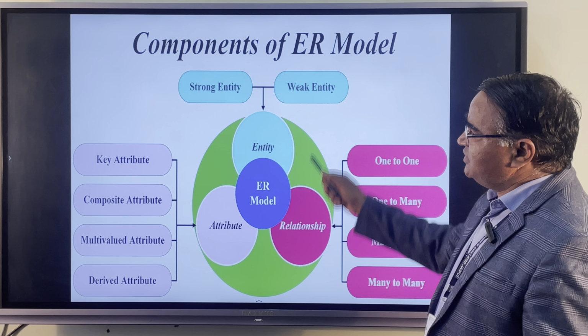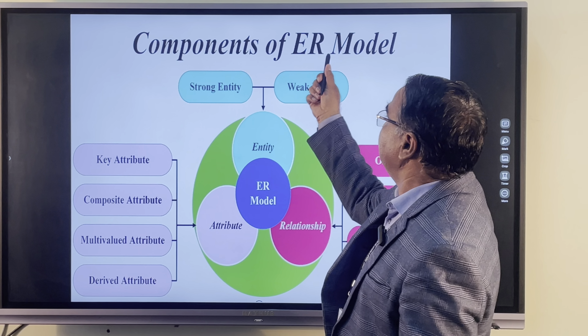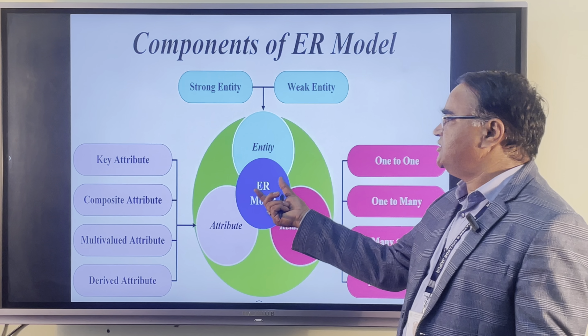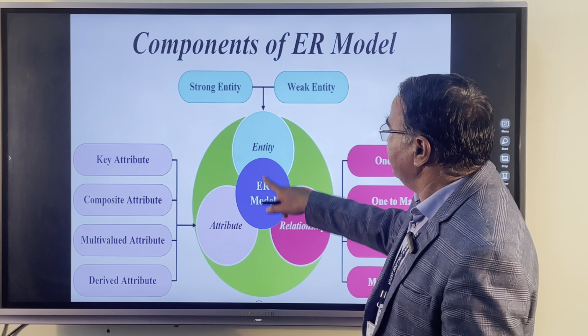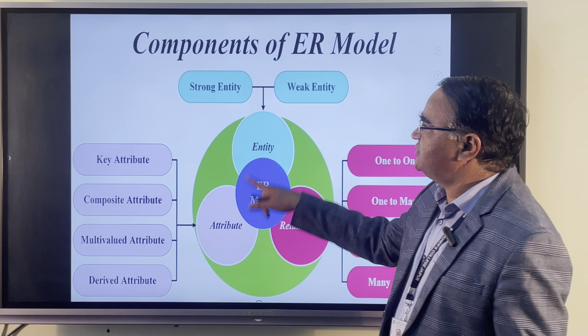This diagram is representing the components of ER diagrams. In ER diagrams or ER models, there are three basic components. One is entities, second is attributes, and third is the relationship between entities and attributes.